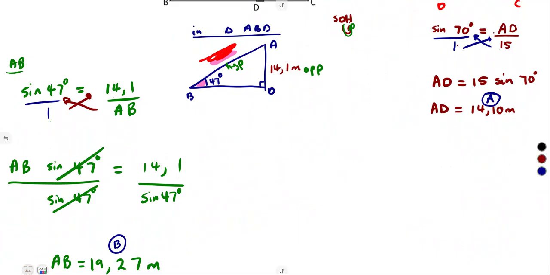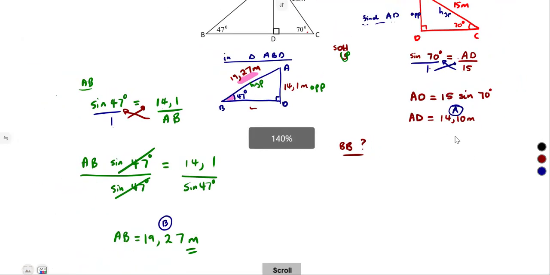It is up to you, because you have the length of AB: 19,27 meters. So we can apply our Pythagoras theorem to find BD. All right, let's just use Pythagoras since we had it as part of our lesson.